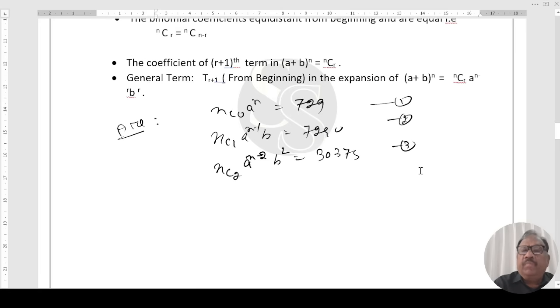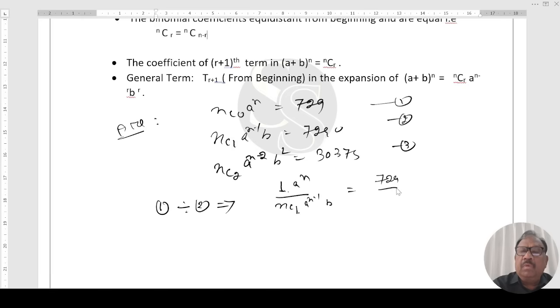To solve it, let us divide 1 by 2. nC0 value is 1, a to the power n divided by nC1, a to the power n minus 1 into b, equal to 729 upon 7290.